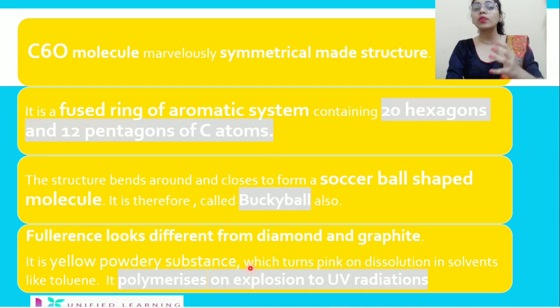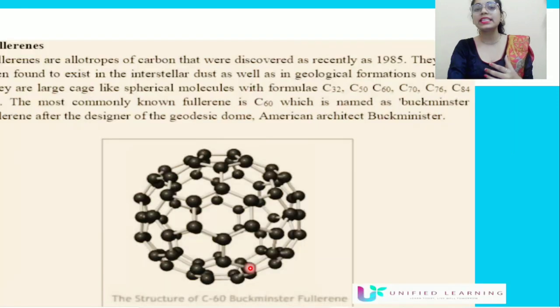It is a fused ring aromatic system, which means very strong, tight bonds are there. It has 20 hexagons and 12 pentagons of C atoms. You can see that there are some hexagons and some pentagons as well.